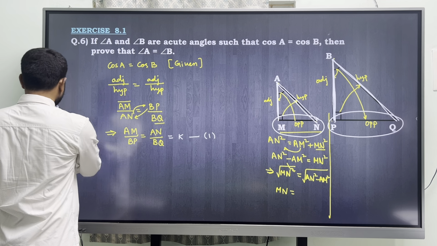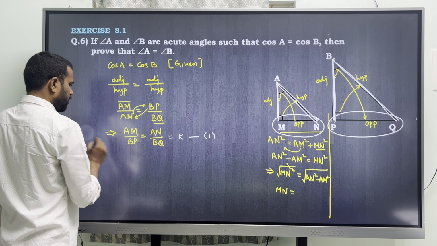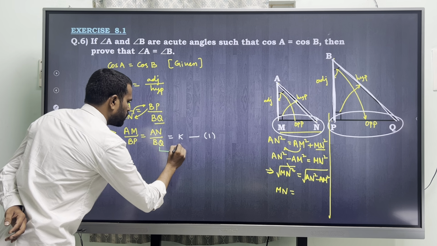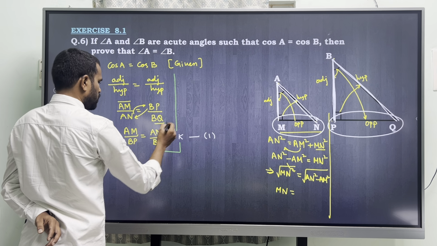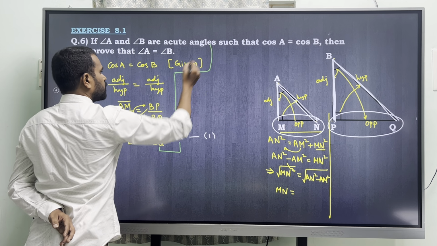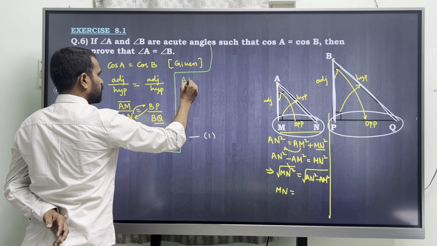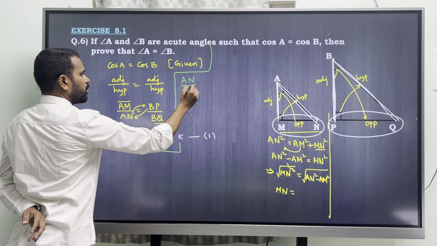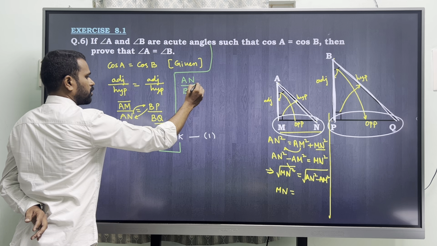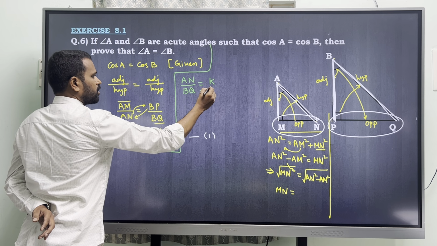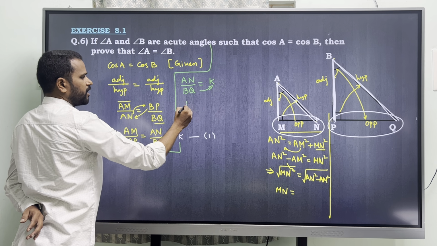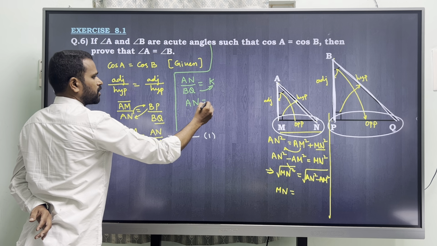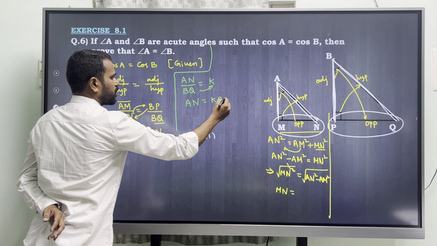Understand? Look carefully, equate these two, AN upon BQ is equal to K, right? So if you send BQ that side, AN becomes K BQ.